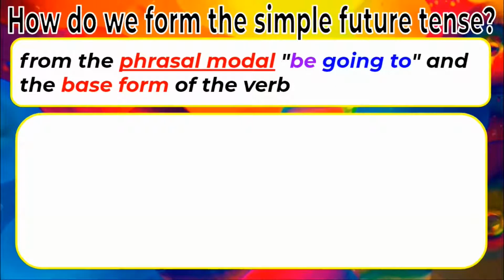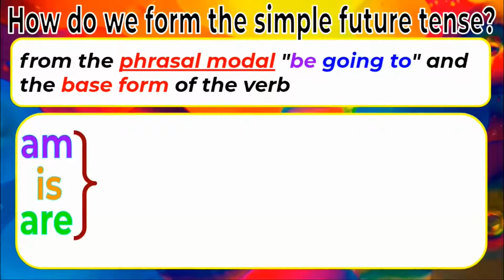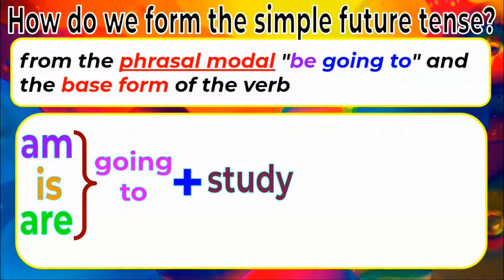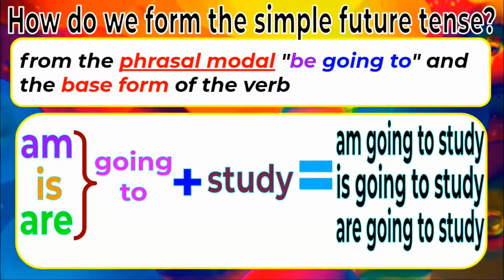Let's look at another example. We have the be verbs am, is, are, plus going to, plus the base form of the verb, study. Now we'll have am going to study, is going to study, are going to study.